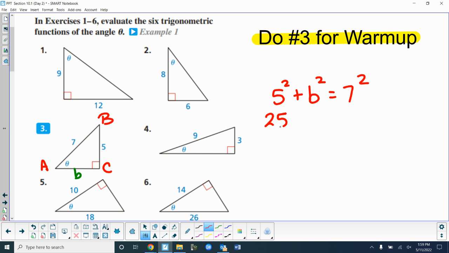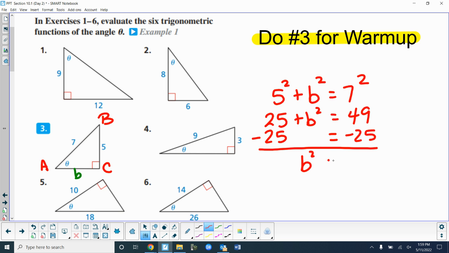So that's 25 plus b squared equals 49. Subtract the 25, and we get b squared equals 24. And then we're going to take the square root, and that's 4 times 6. Got a perfect square there. So b equals 2 times the square root of 6.